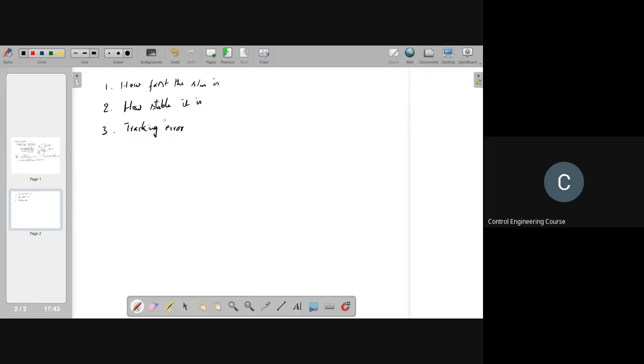So when it comes to translating these things into the time domain, for second order time domain systems, for stability, one way we can say is zeta. Zeta actually tells you how stable the system is.